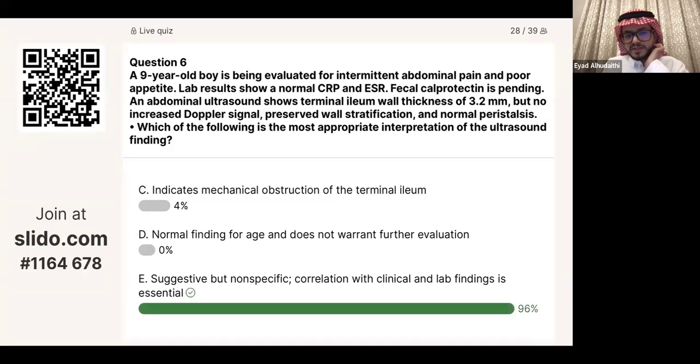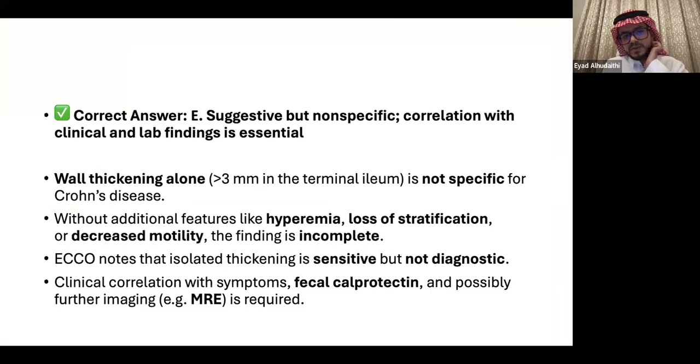So most of you have got it right. It's suggestive, but not specific. So the wall thickness alone in the TI is not specific for Crohn's disease without additional features like hyperemia, loss of stratification, or decreased motility. The finding is incomplete. This is what we call the mural finding. ECCO notes that isolated thickening is sensitive but not diagnostic. Clinical correlation with symptoms, fecal calprotectin, and possibly further imaging is required.